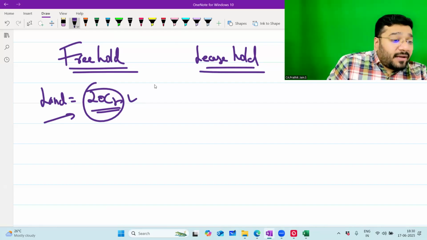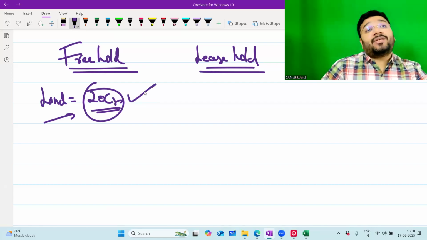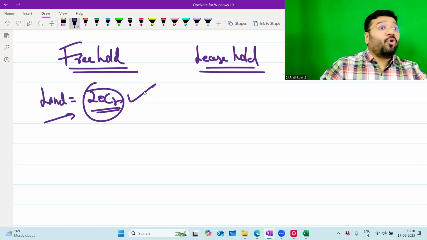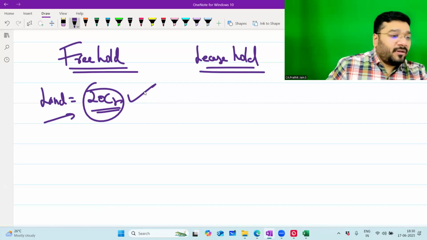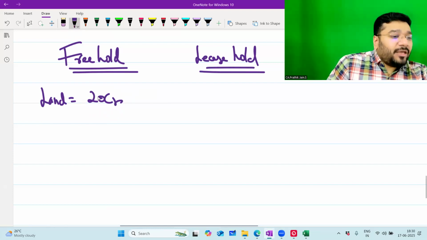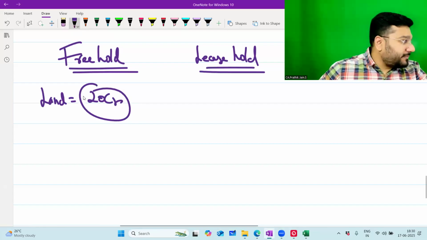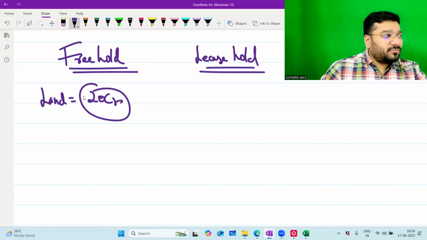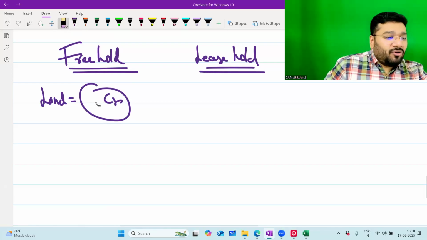Whatever appreciation in the land value happens, that appreciation belongs to whom? Owner. Okay. Now imagine I don't have this land. I want to buy this land for 20 crore rupees to construct an academy. Is 20 crore too much? Okay, no problem.